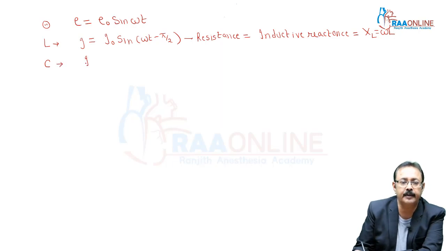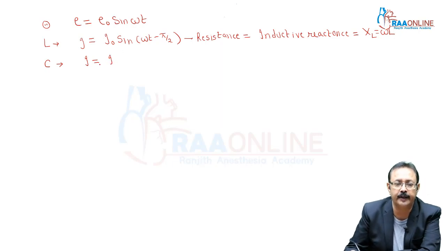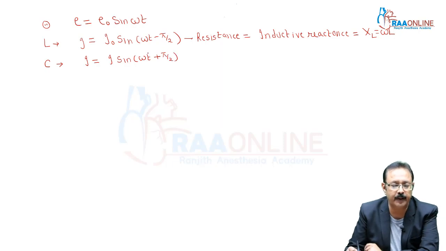When you are using only a capacitor in your circuit, current leads by 90 degree. If E is equal to E0 sin omega t, for I you will get the equation sin omega t plus pi by 2, which means current will lead by 90 degree.